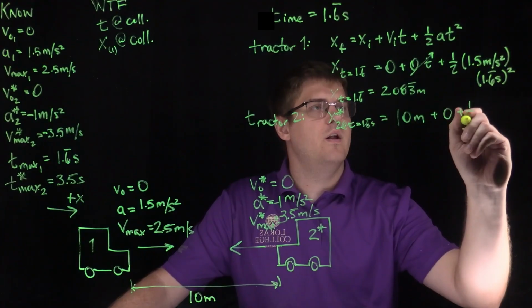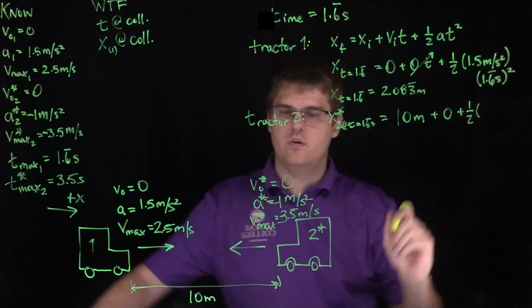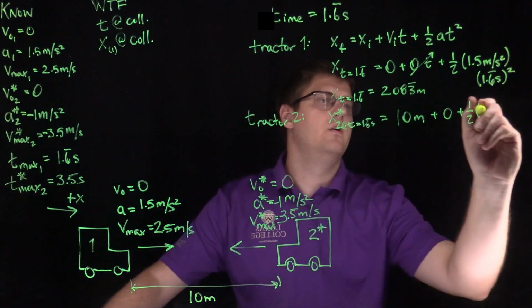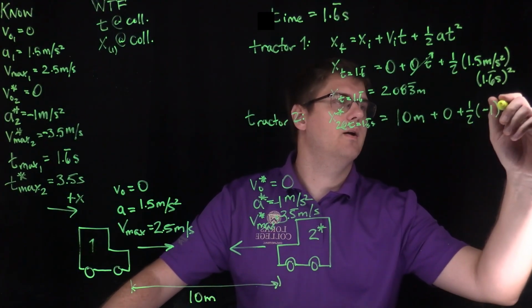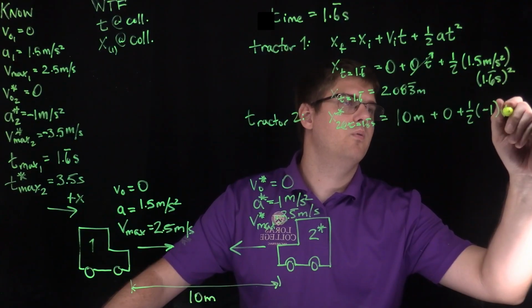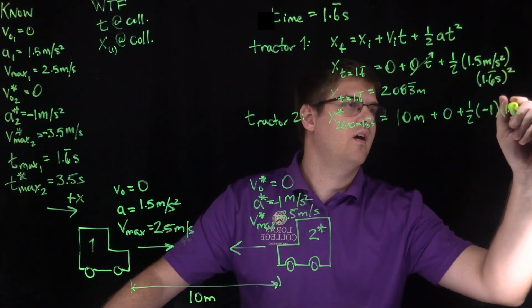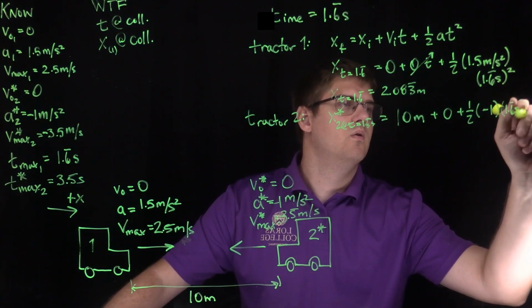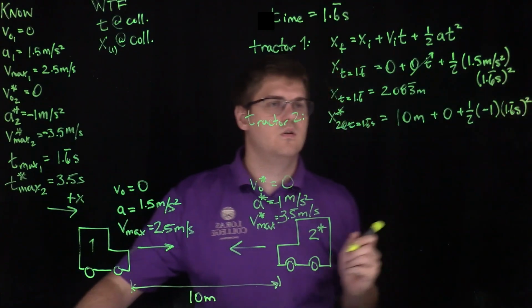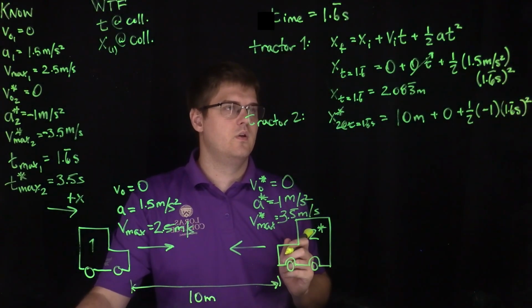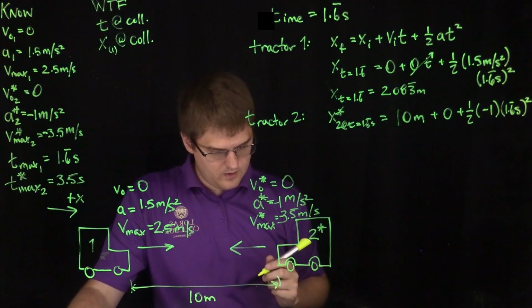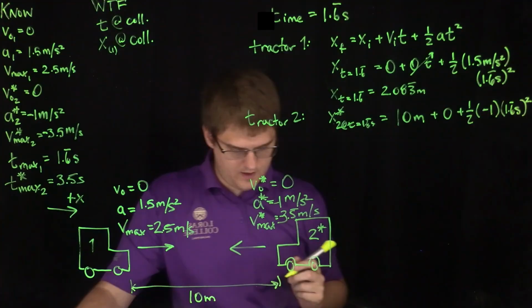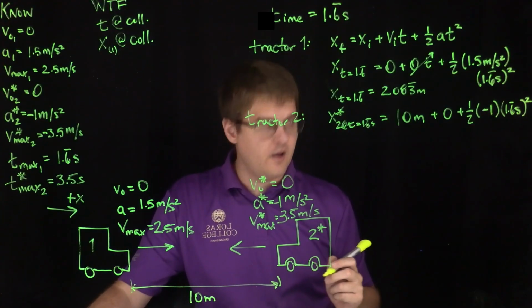And I've got 1/2 times -1 is my acceleration. I'm running out of board space, I apologize. Times 1.6 repeated seconds squared.